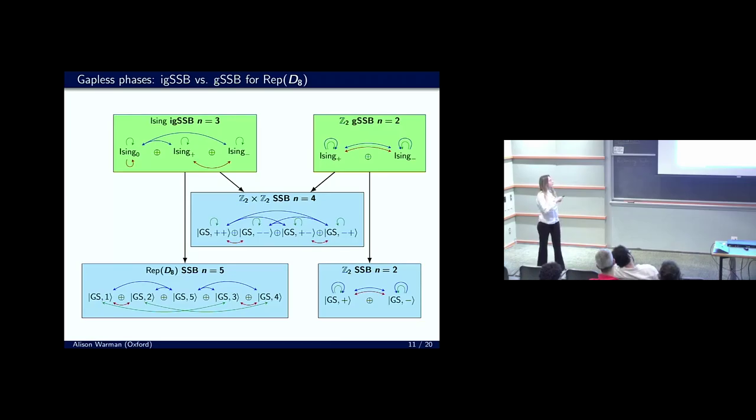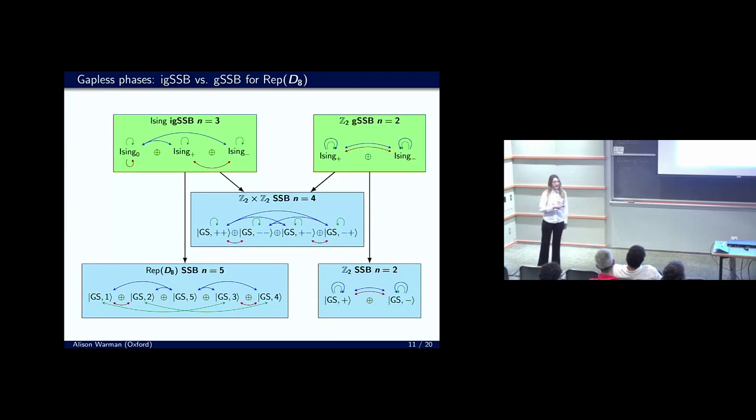And furthermore, Ising 0 is sent to the sum of Ising plus and Ising minus, and vice versa, by the non-invertible symmetry. So we see that in this phase, we have these three copies of Ising, which are related to each other by the Ising fusion category. And this pattern of symmetry breaking isn't present in any gapped phase. So this is an intrinsically gapless SSB, which can only be deformed to SSBs with a greater number of vacua.